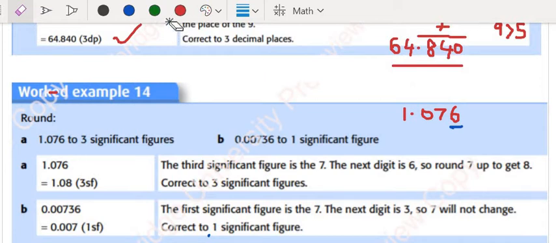The fourth digit is 6, which is greater than 5. And so we add 1 to the third digit, it becomes 8. 7 plus 1 is 8. And write the remaining numbers. So we get the answer 1.08.